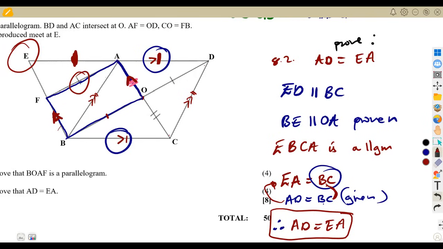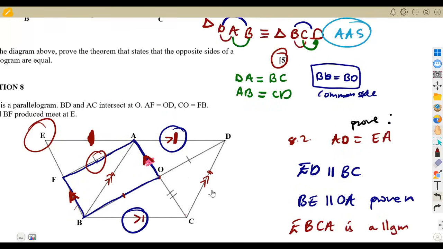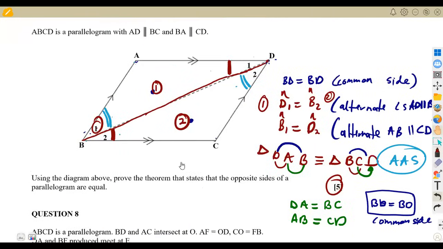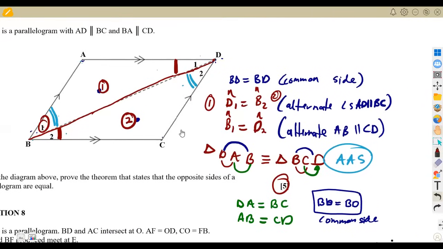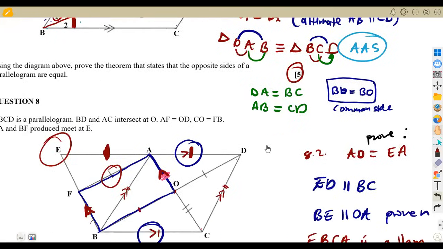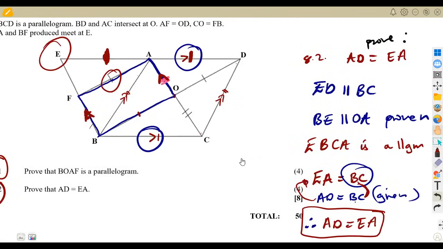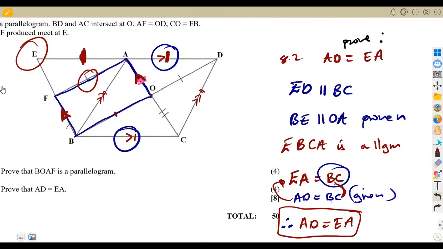So you just need to revise as many questions as you can. We are going to do more questions, and I'm going to explain in different ways. By explaining in different ways, you will see, or you can choose a method which is easier for you. But that's what we had from this question paper, guys.